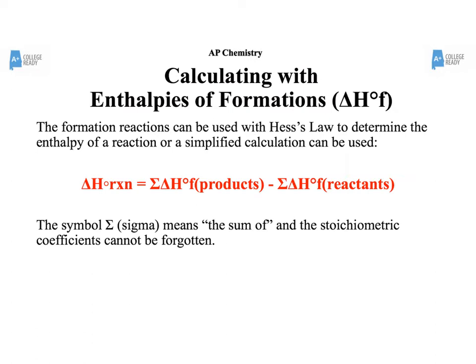So why do we need to know about formation reactions? If we know the enthalpy of a formation reaction, we can actually use that enthalpy to calculate the enthalpy of an overall reaction. We can use formation reactions with Hess's law to determine the enthalpy by flipping and multiplying the stepwise reactions if we use the formation reactions. Or if we know the enthalpies, we can just use this equation that we have here.